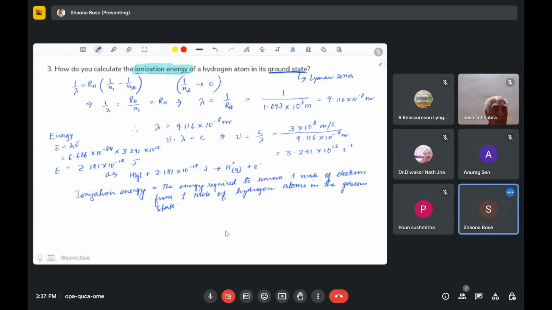So that means, when you see all these terms, moles, moles, moles, you need to use the Avogadro number.